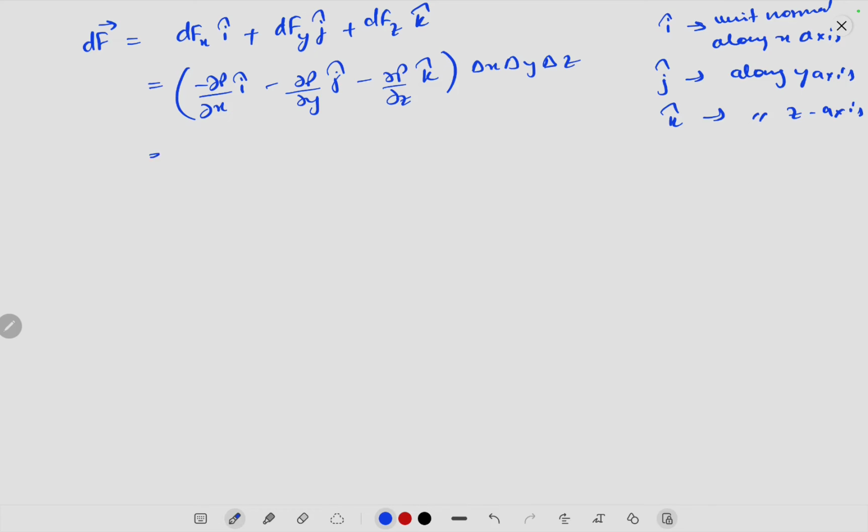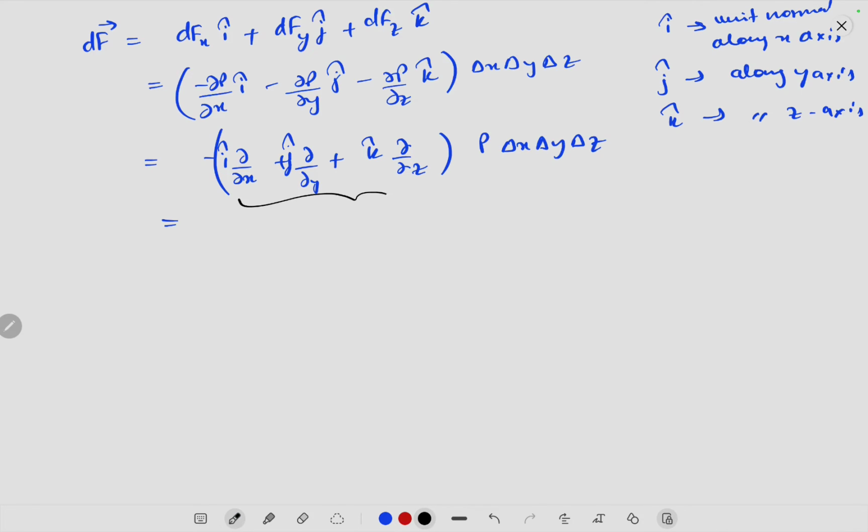Now we can further simplify this by writing minus i hat del over del x plus j hat del over del y plus k hat del over del z times P and delta x delta y delta z.